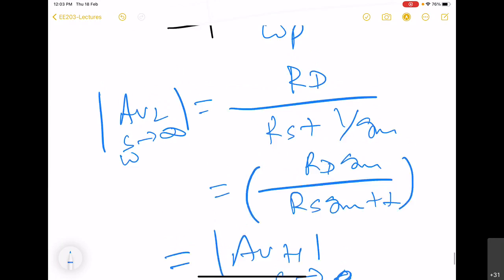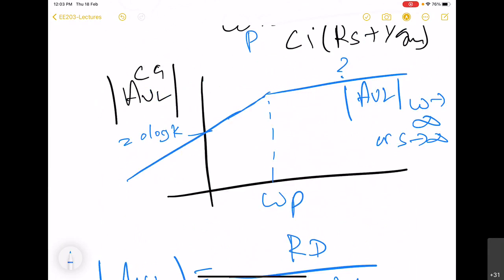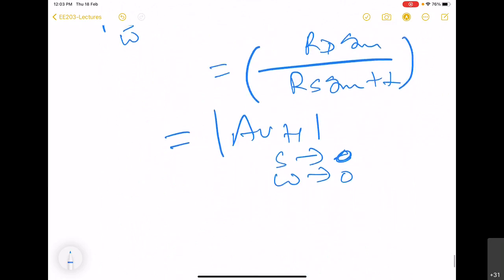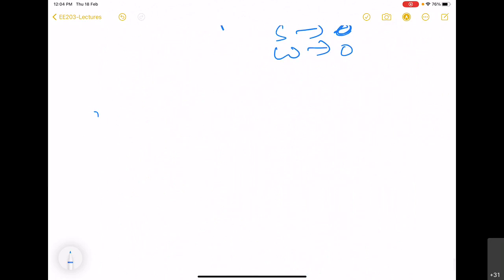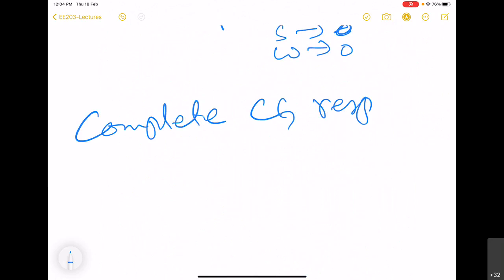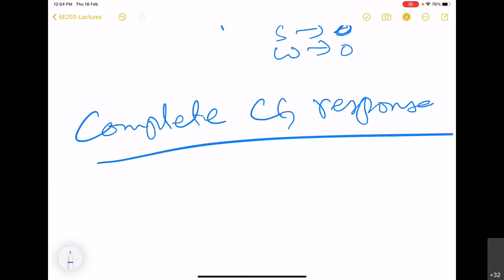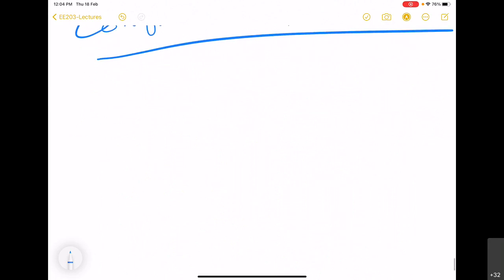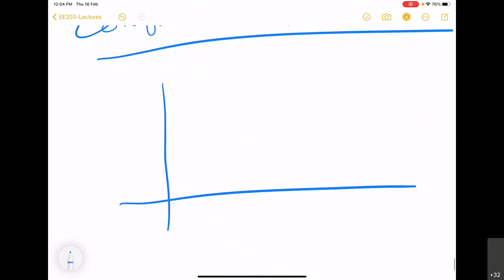So that allows us to combine these two graphs, the low frequency and high frequency plots, to get the complete CG frequency response, or the voltage gain plot. And this will turn out to be like this.